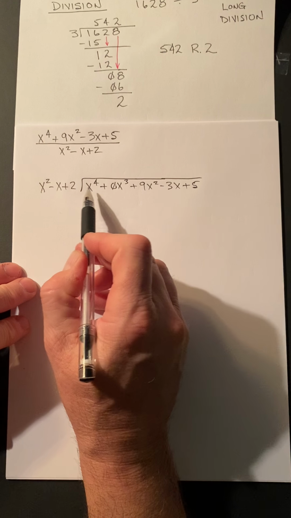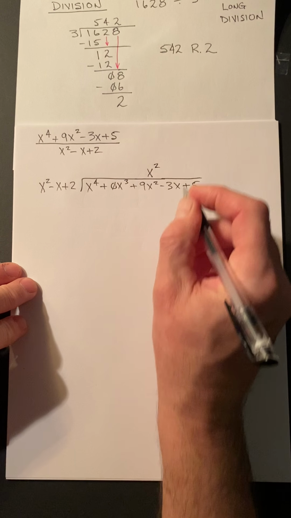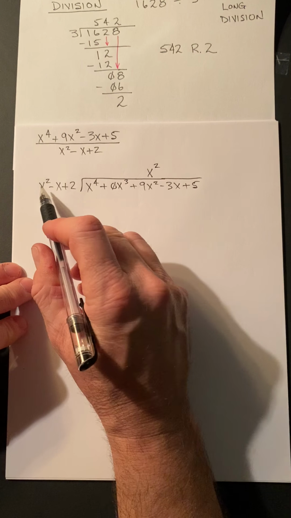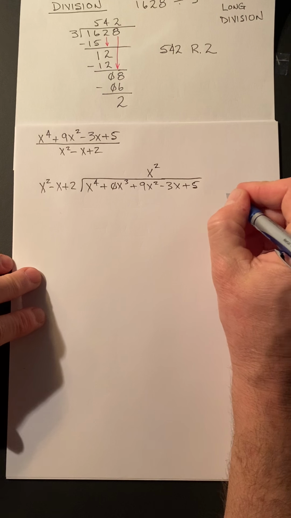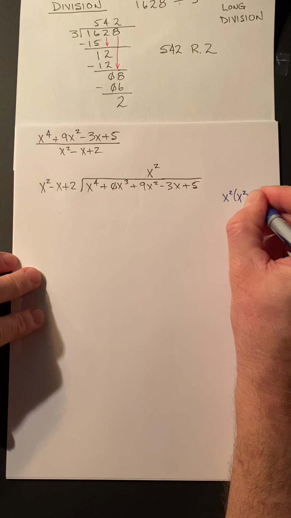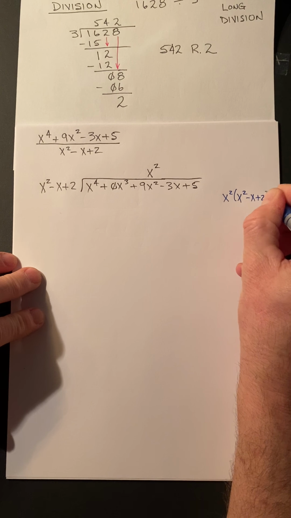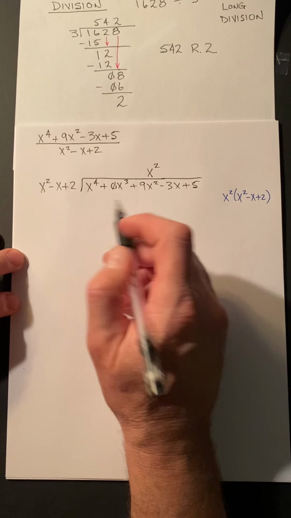So x squared will go into x to the 4th, x squared times 1, because bases are the same. You add the exponents. And so over here, I'm going to have x squared times x squared minus x plus 2. And I just have to multiply this out and put it over here.